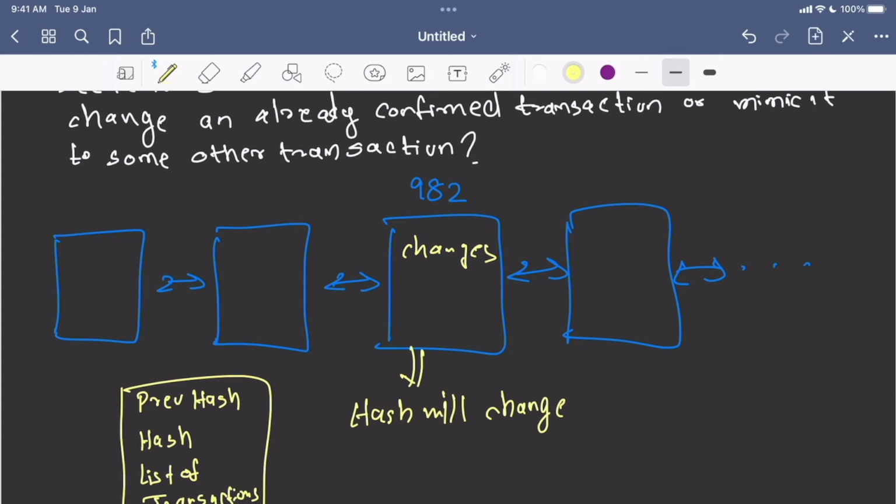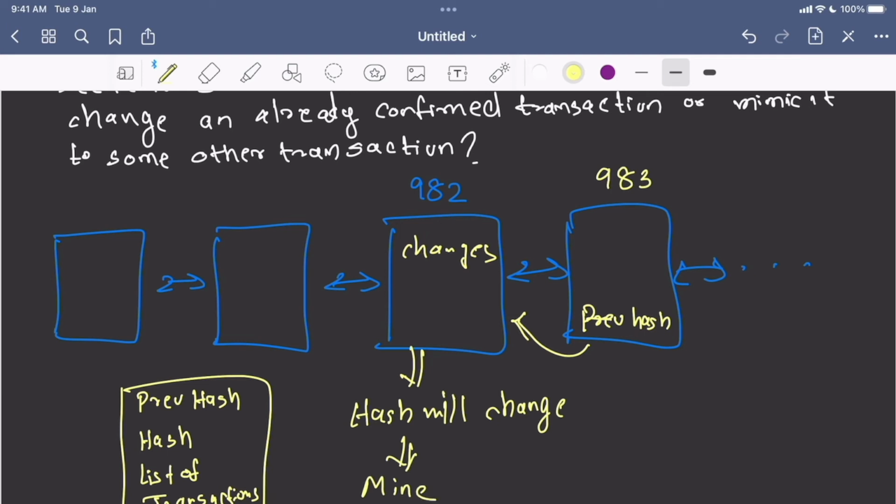But what will happen if 982's hash changes? 983's hash will also change, since it has the previous hash field which points to the hash of 982. And whenever any data changes, like if 982's data changes, then it will again go into an unconfirmed state, and it will again be required to mine.